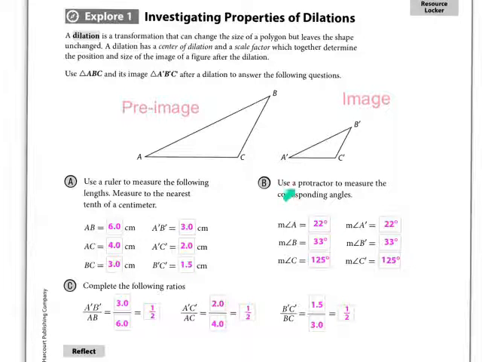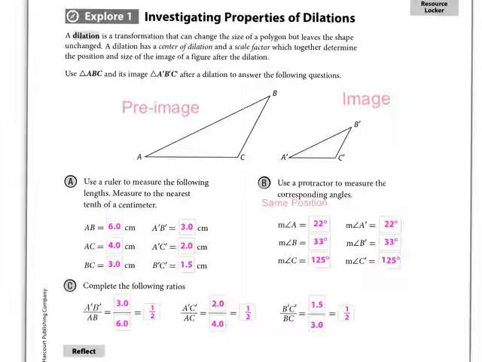Okay, using a protractor, you're going to need to measure the corresponding angles. Again, corresponding means that they are in the same position. In other words, we're looking at them being in the same place. So angle A corresponds with angle A prime, angle B corresponds with B prime, and angle C corresponds with C prime.